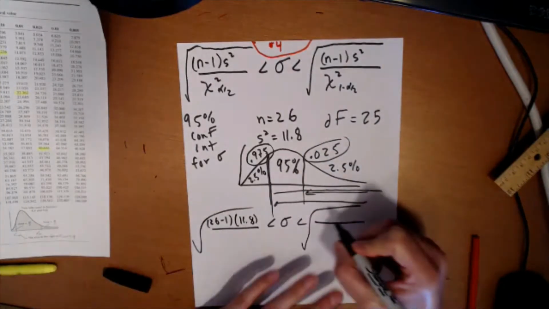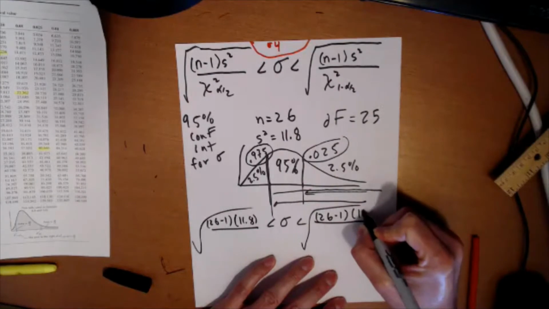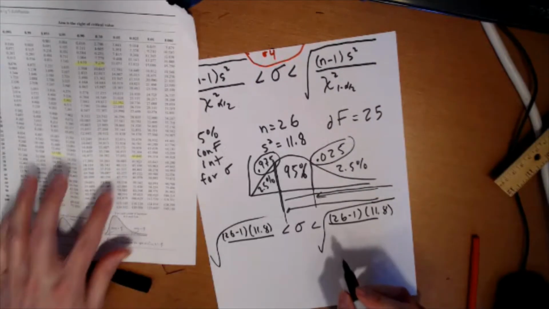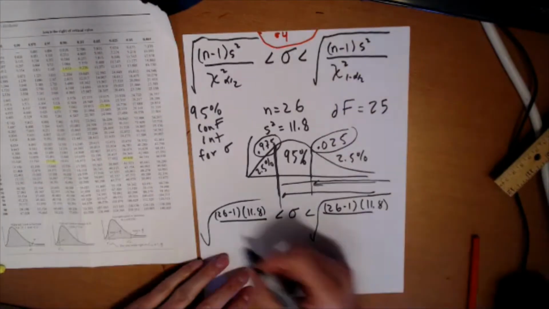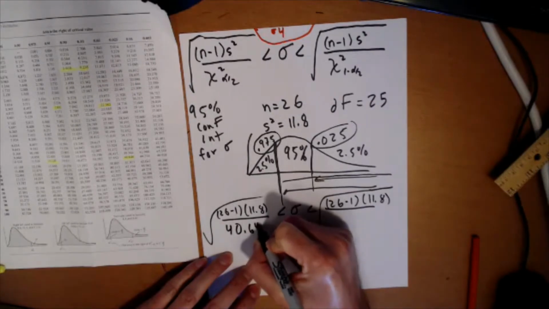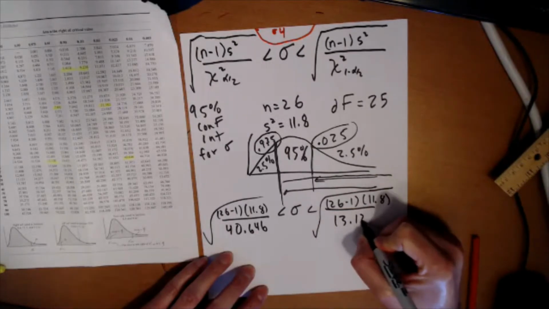It's 11.8. It looks the same over here, 26 minus 1, times 11.8. Then I'm pointing at my two chi-squared values, and I remember, just put the bigger one over here. Oh, okay, that is a good trick, 40.646. And then the other one, 13.120.